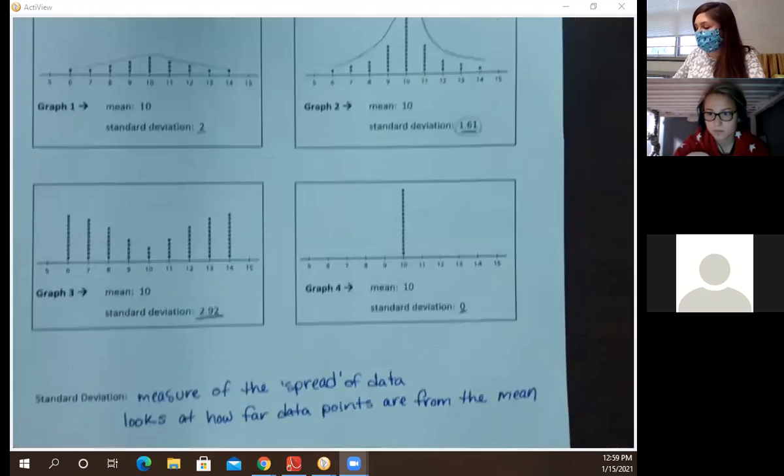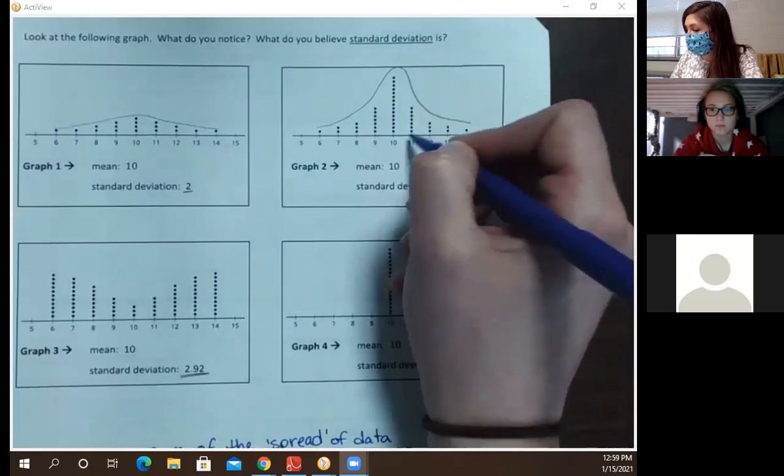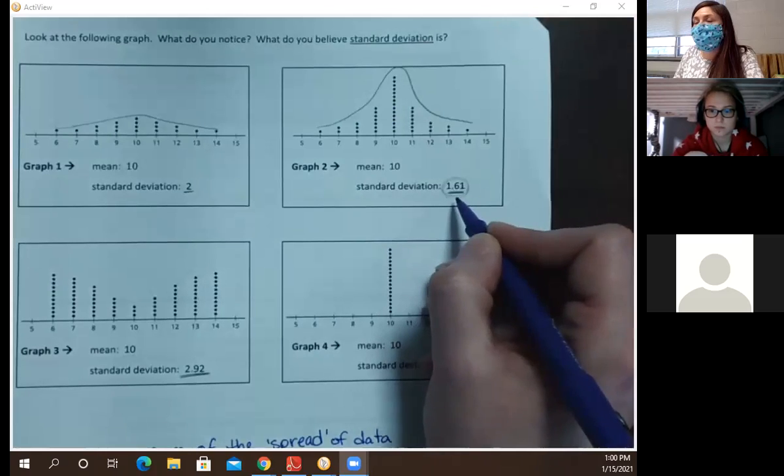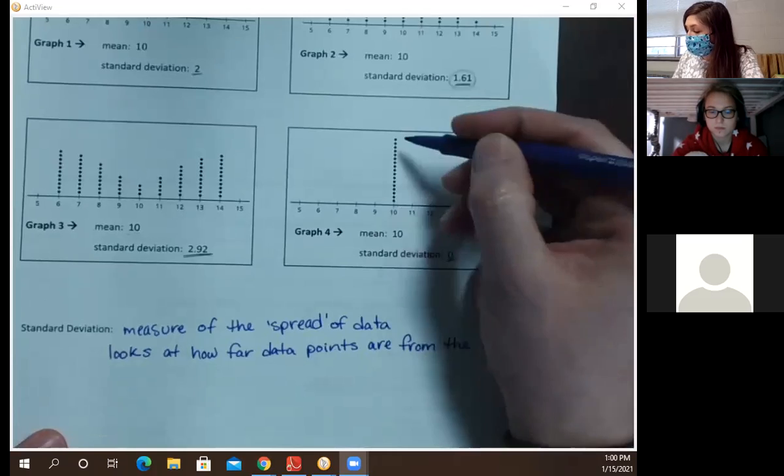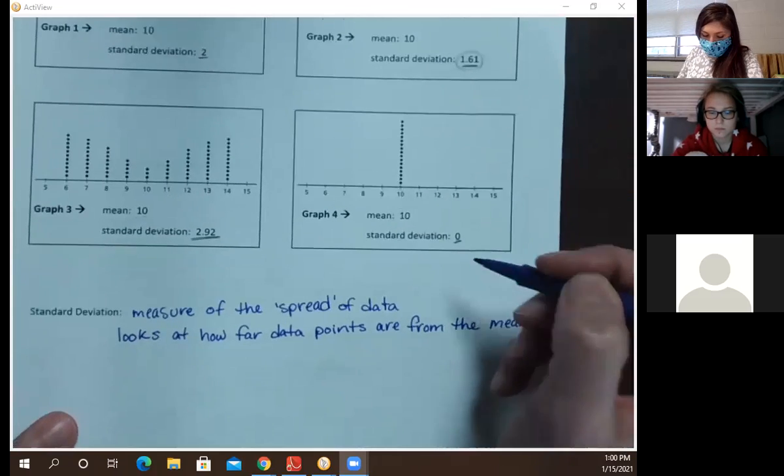The more tightly packed our data is around the mean, the smaller my standard deviation will be. And in fact, when all my data points are exactly the mean, our standard deviation is 0.